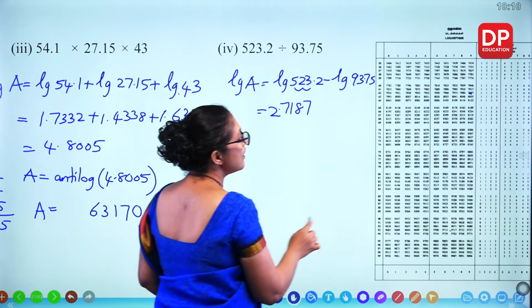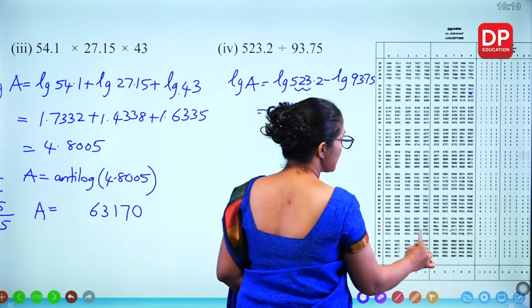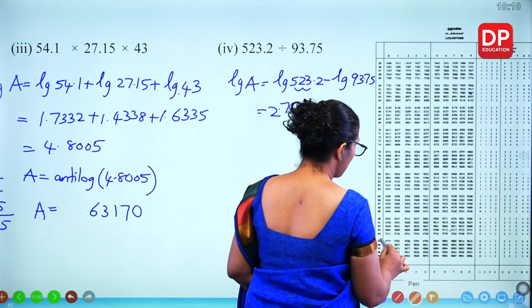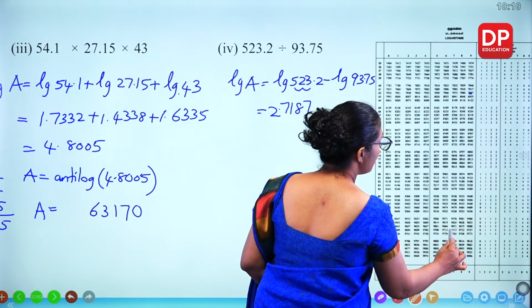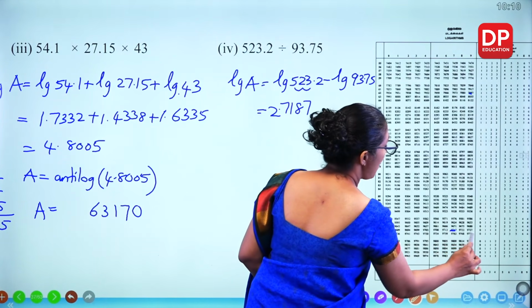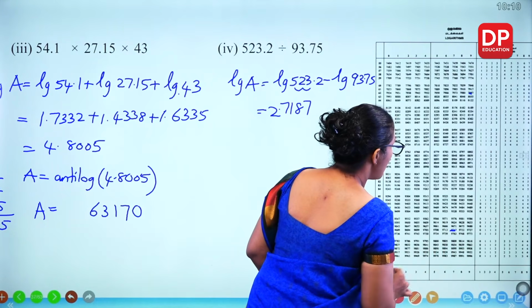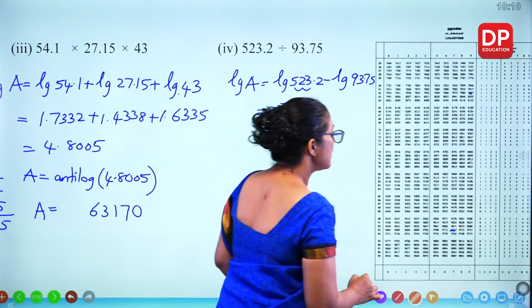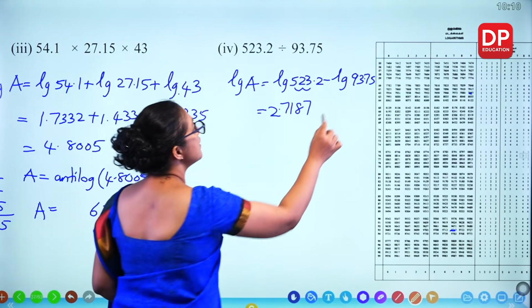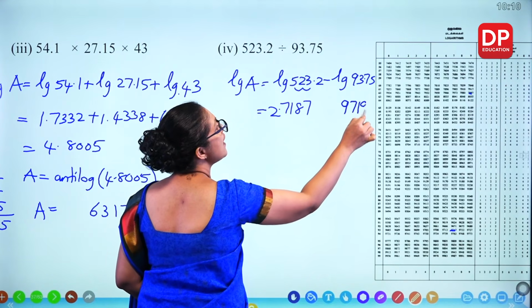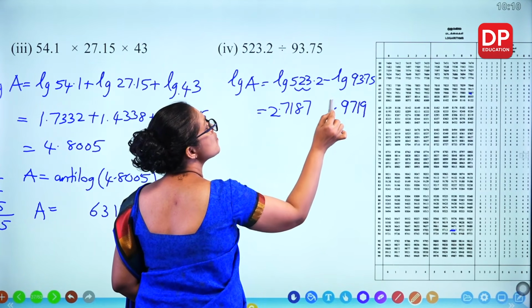9375. 93 7. 7 is this one. 5 is 2. 9719. Characteristic is 1.